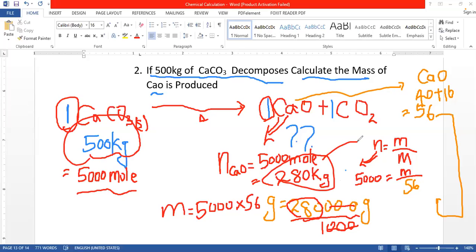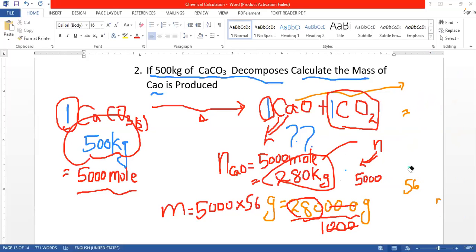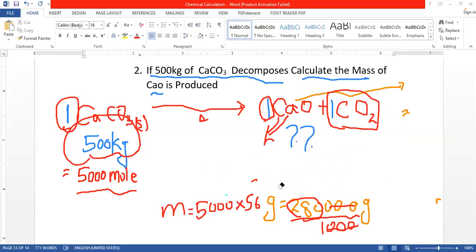If they ask the mass of carbon dioxide, what would be the answer? I'm going to erase, so if anyone wants, please take a screenshot. If they ask the mass of carbon dioxide, what would be the answer?